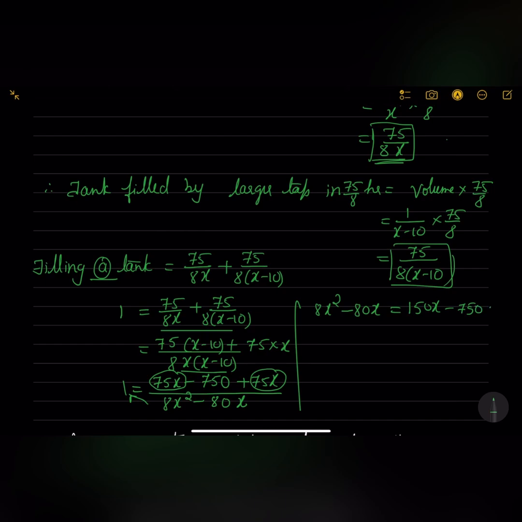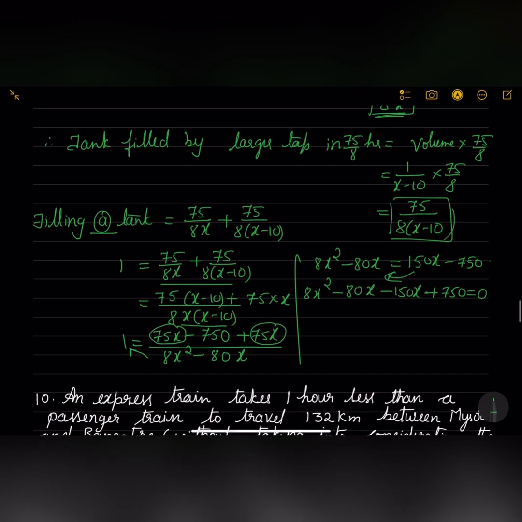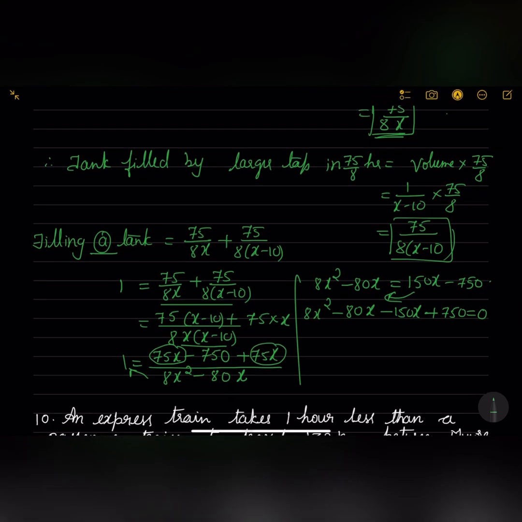That's it. And we'll shift all these things to the left hand side. We'll get 8x square minus 80x minus 150x plus 750 is equal to 0. And this will be equal to 8x square minus 230x plus 750 equal to 0.